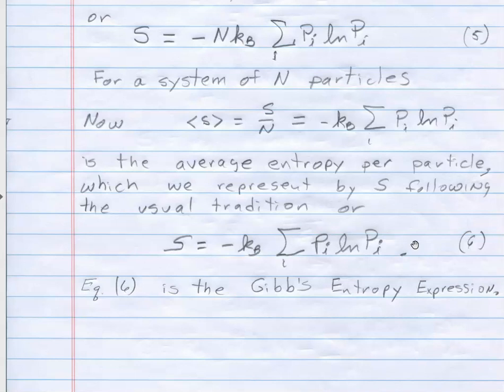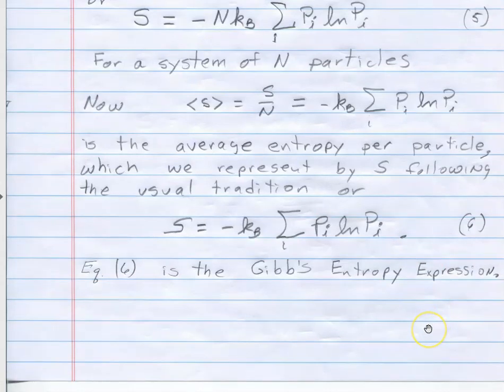Some people like to start with the Boltzmann entropy expression, and then I've seen other books and authors start with the Gibbs entropy expression and focus more on the probabilities. It kind of doesn't matter a great deal which of these you start with.